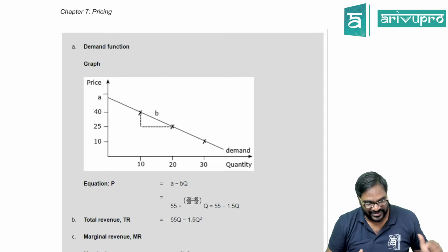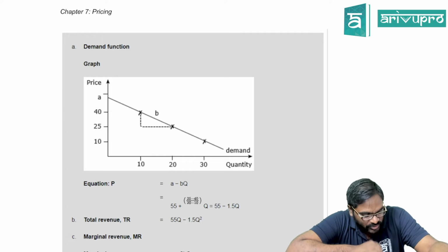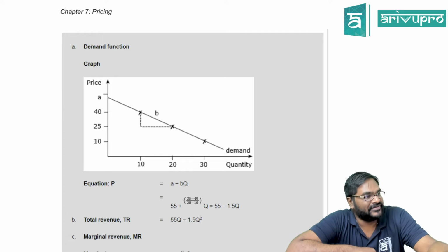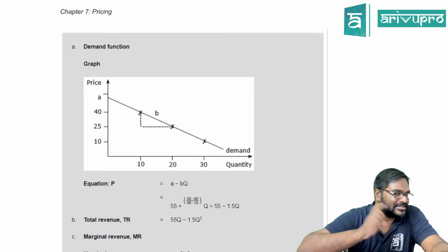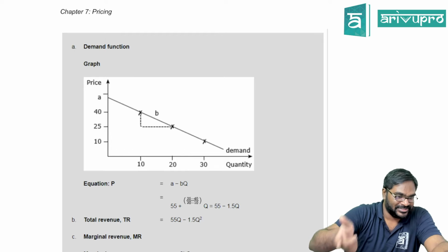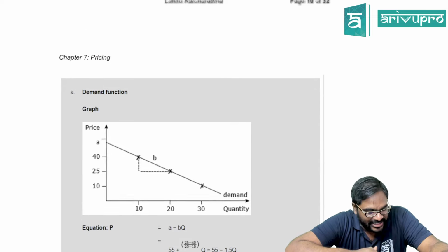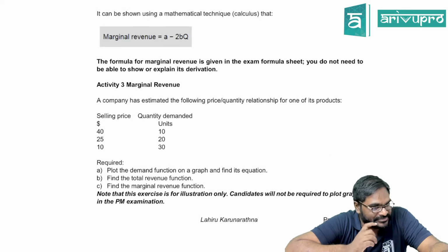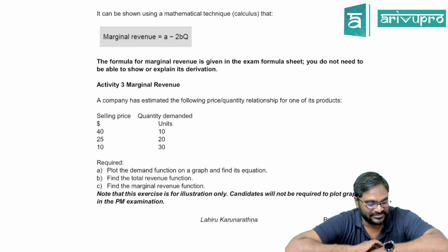Ready? Right. Now, the total revenue. But before that, we have to come to the price equation, right? From that only we can decide the revenue. So, what is the price equation? Number one, we have to figure out A. So, how much is A?